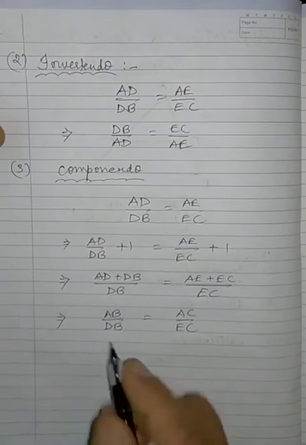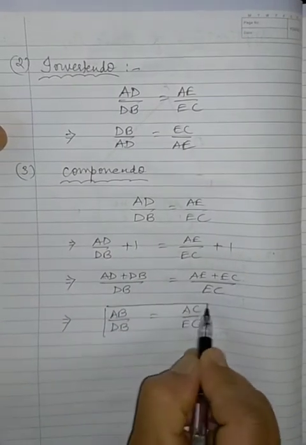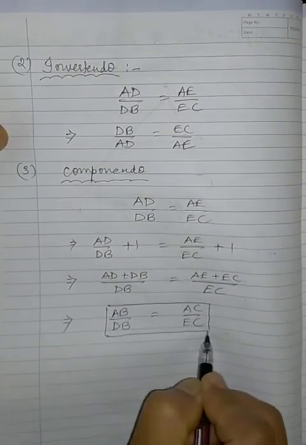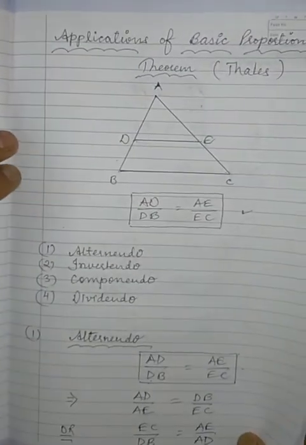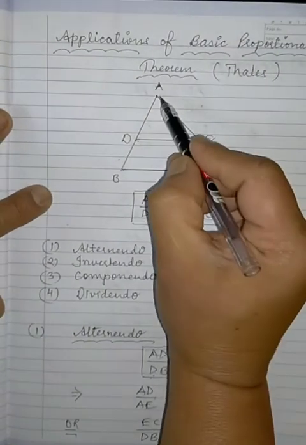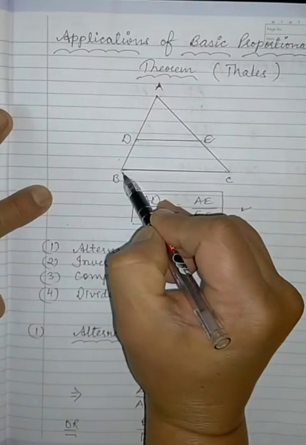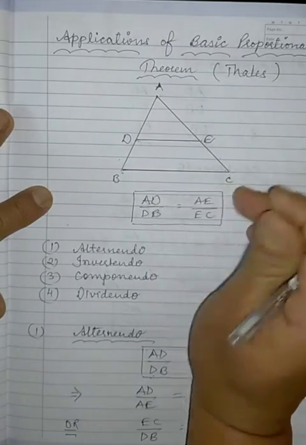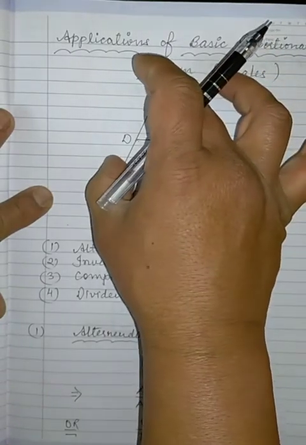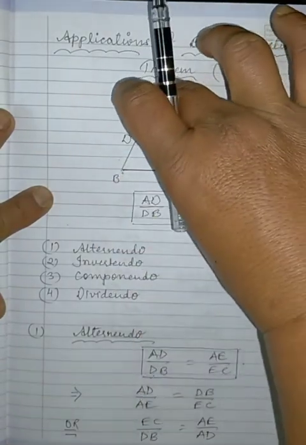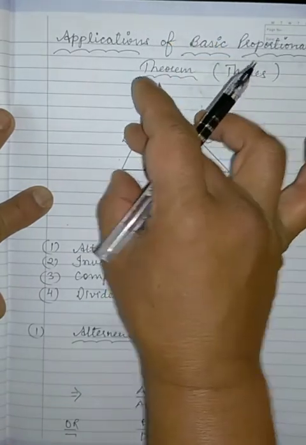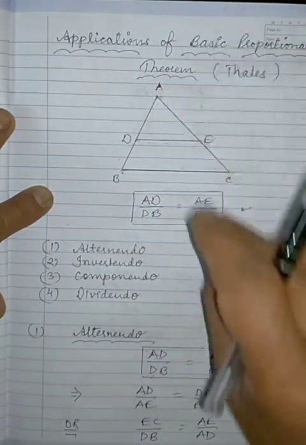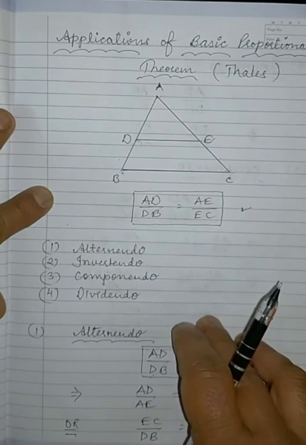So now you can see here, by applying componendo, the relation has become this: AB upon DB is equal to AC upon EC. That means ratio of full side with the part is equal to ratio of full side with the part.